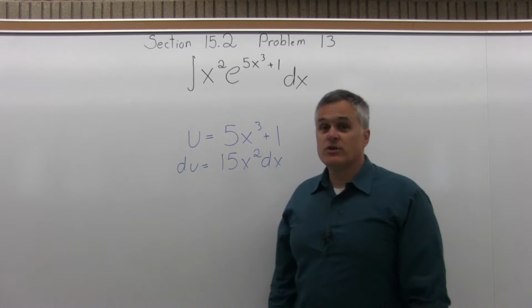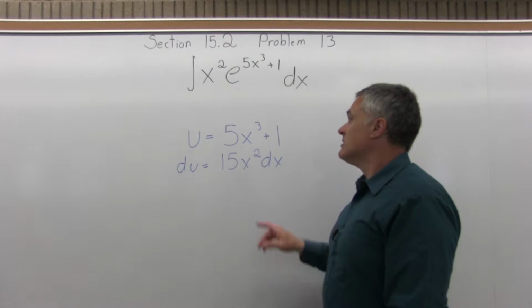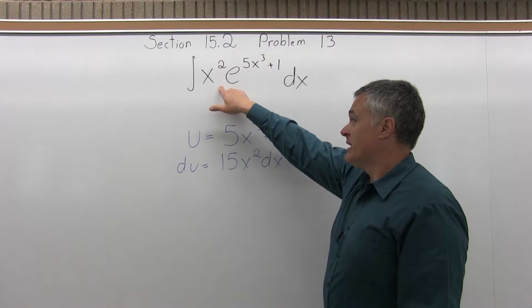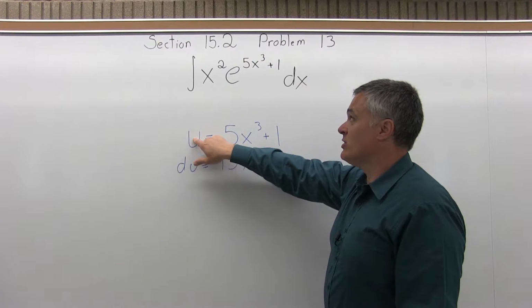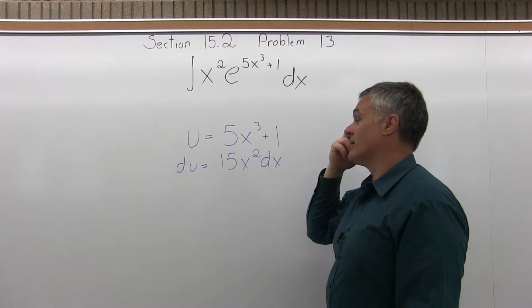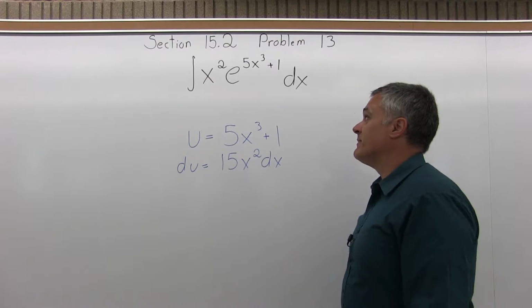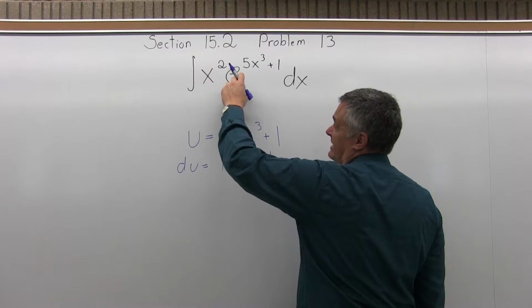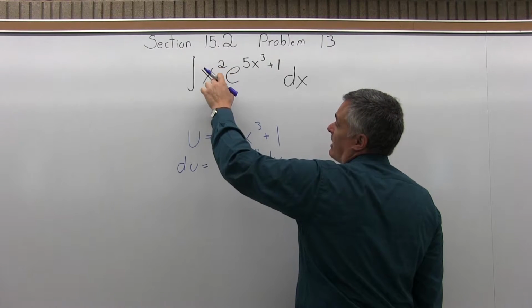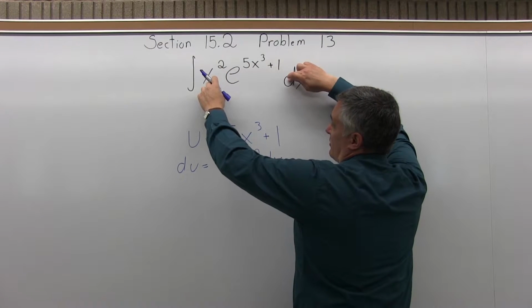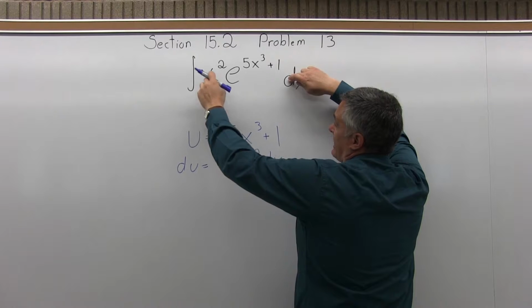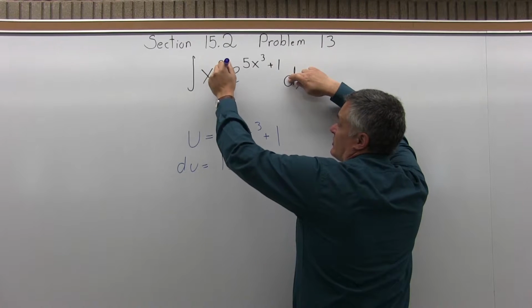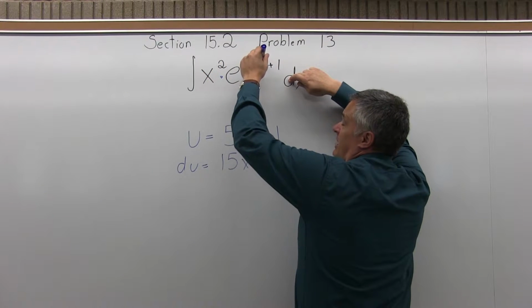So the next thing I'm going to do is rewrite this original integral in terms of my new variable u instead of the x that I started with. Now when I do that, the x squared that's in front of the e to some power, I would rather have the x squared over with the dx that's on the far right. And I can do that because it's really x squared times e to that power.